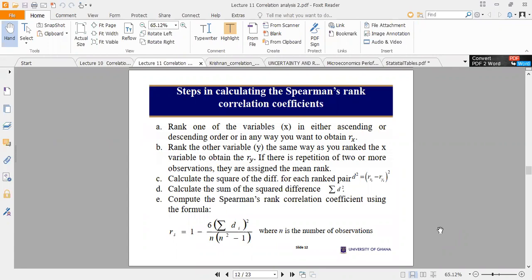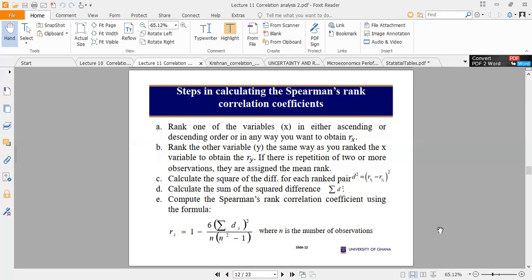Okay. Now, another thing you have to check when we are doing the example, I will show you that if you have repetition of 2 or more numbers, for example, in the data, we have 5 appearing 4 times in the data. Assuming that the first 5, the rank there was supposed to be 4.